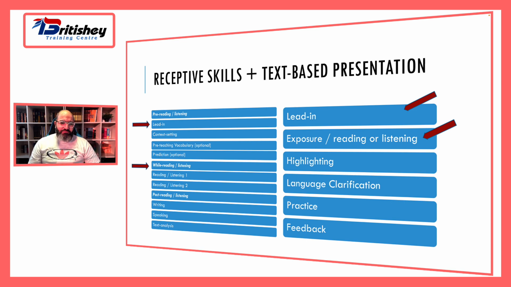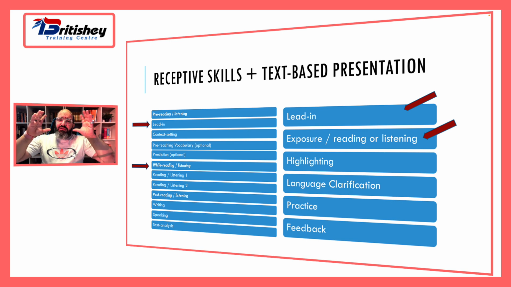You see what I mean? So the leading can be dropped, and also the exposure can be dropped. Because in the exposure stage, what we want from our students is to be exposed to the target language. Well, they have already been exposed to the target language when they read the text twice. So there is no need for this stage right now.